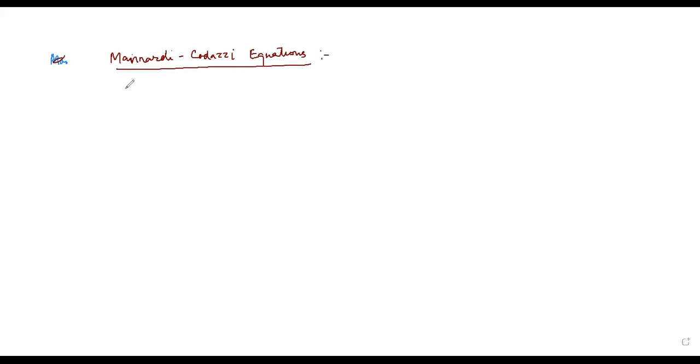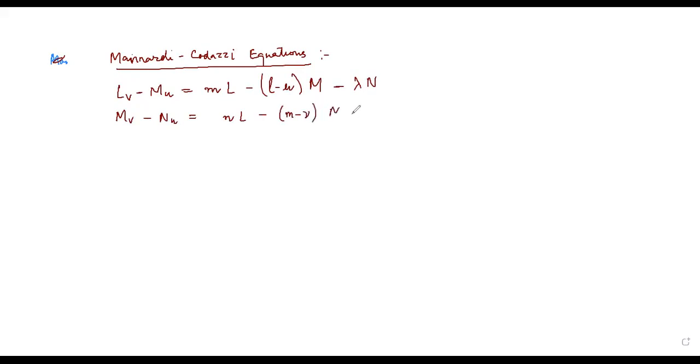That is, these two equations are L_v minus M_u is equal to small m L minus small l minus mu times M minus lambda times N. इसी तरह से M_v minus N_u is equal to n L minus M minus nu times M minus mu times N.